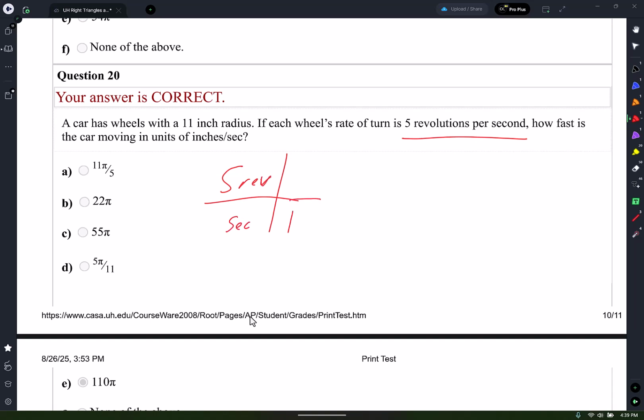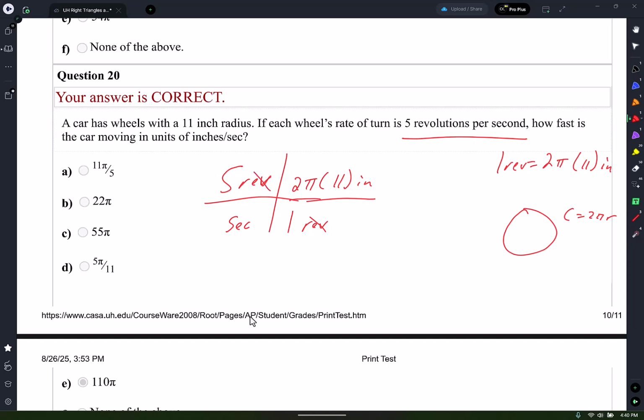In 1 revolution, you travel 2 pi times your radius times 11 inches. Why? Because that's what a circumference is. Circumference is 2 pi r. 1 revolution is 2 pi radians. Does that make sense? Yeah. So in 1 revolution, you travel 2 pi times 11 inches. That's my circumference.